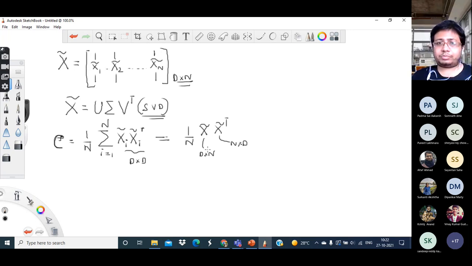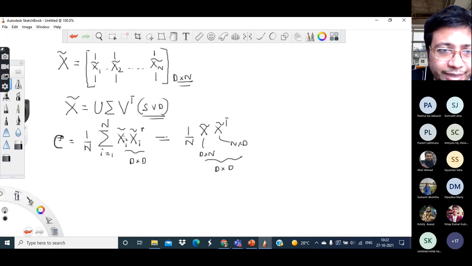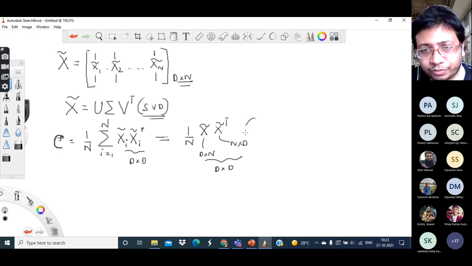So their product will obviously have to be D cross D. I leave it as an exercise for you to verify that the summation over i of xi tilde xi tilde transpose is nothing but the product of this matrix with its own transpose, that is, the outer product of this matrix with its own transpose, where this matrix simply contains all of these data vectors arranged as columns. Okay, so I leave it for you as an exercise to verify.